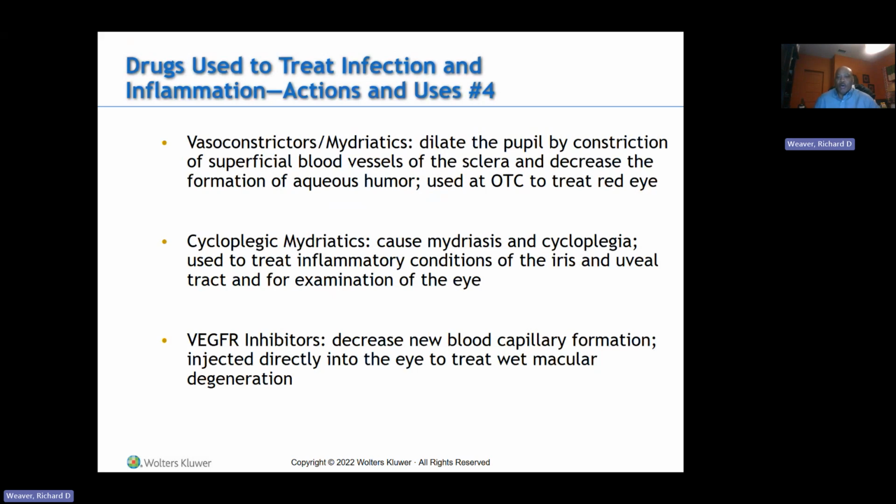but a number of drugs called vascular endothelial growth factor receptor, or VEGFR, inhibitors, are being used to decrease new blood capillary formation, which is a leading issue in wet macular degeneration vision loss.